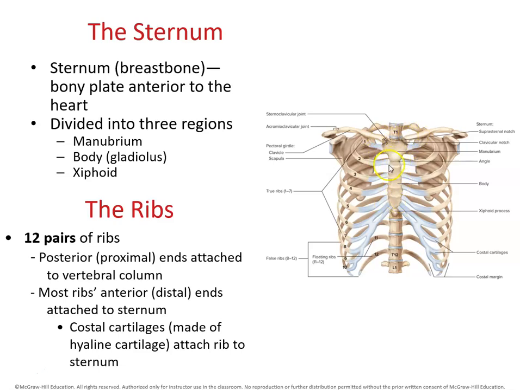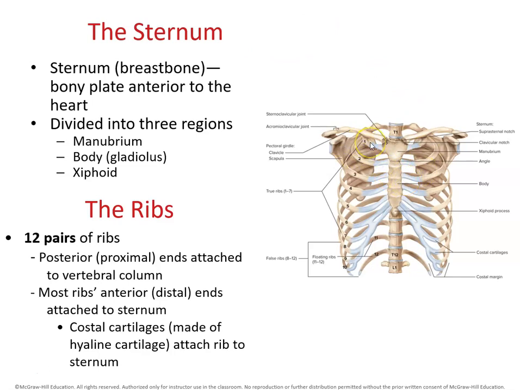The body, also called the gladiolus, is where your 2nd, 3rd, 4th, 5th, and 6th, 7th, that cartilage for multiple ribs comes in to the body and the gladiolus. And then the xiphoid process is the very end here. And the xiphoid process is the thing we have to be careful of when we do CPR, because if we break the xiphoid process, it could cause internal bleeding and end up being fatal, which would be very unfortunate.